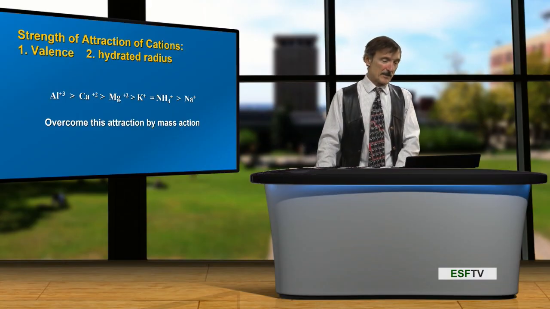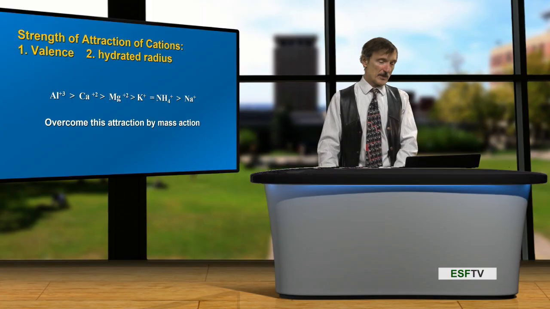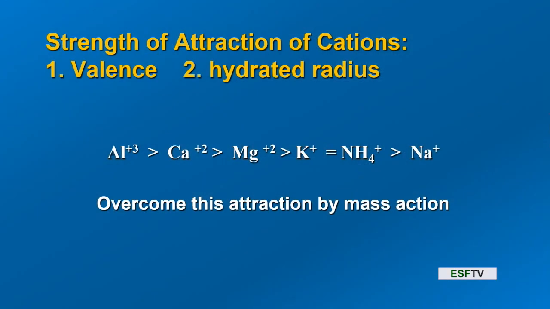Okay? So let's start out with this series. Here's aluminum +3, very strongly attracted, right? It's a +3. It has a very high valence. And when aluminum floats around in solution, it's really pulling in that water tightly to it. So it's a nice, tight, small hydrated radius.